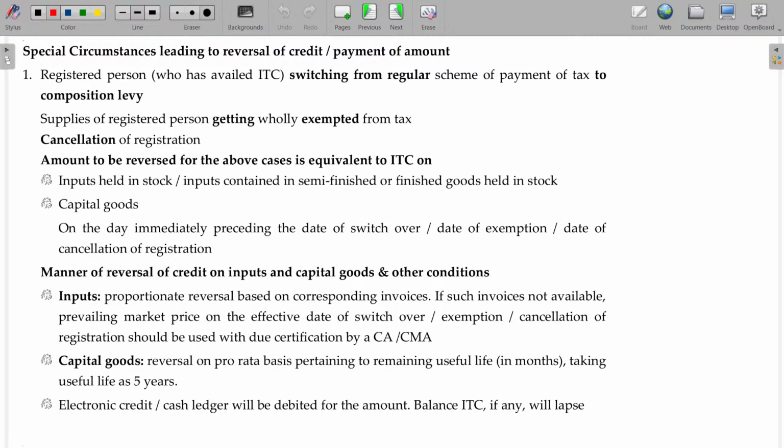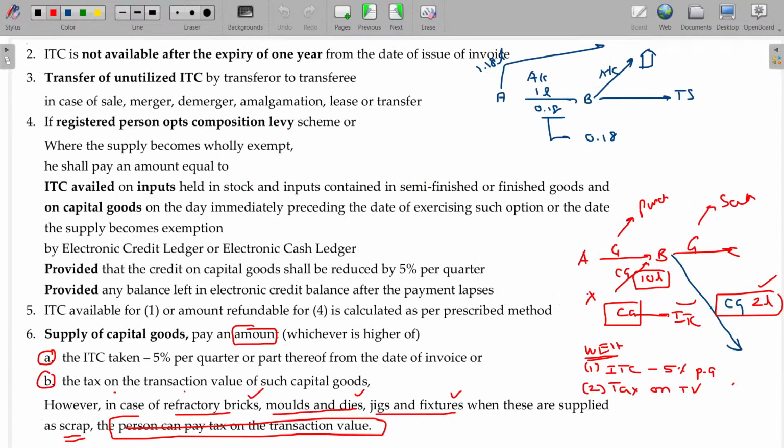Now, this will be the reverse case. Actually, this one is not going to be studied here. It is already linked with registration, especially in section 29. I told you on cancellation, he has to reverse that. So it's only the reverse things that we have done here.